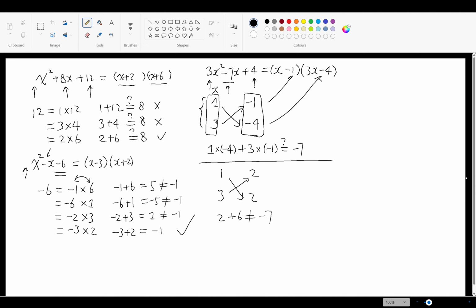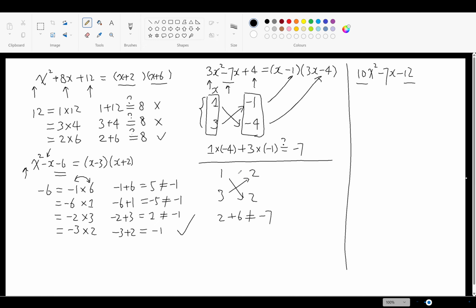All right, I'll show you another example of doing this. So here, let's just draw a line here. We have a quadratic expression, 10 times x squared minus 7x minus 12. How do we factorize this quadratic expression? Again, we try to factorize the coefficient of x squared and the constant term.